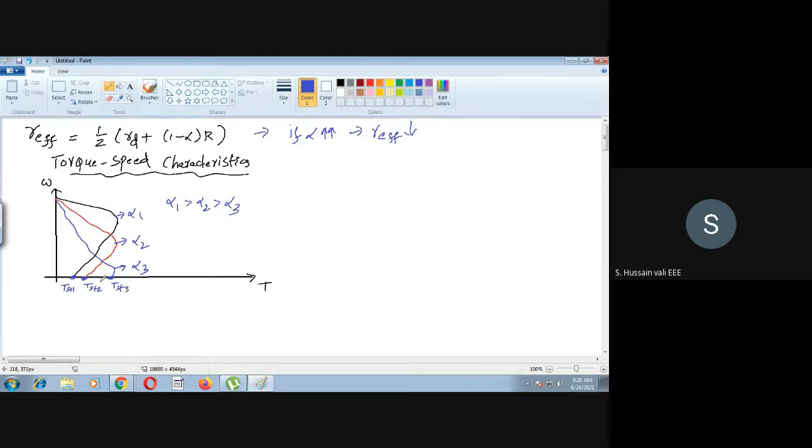These are the points where the speed is 0. It means starting torques. You see, starting torques increase when I increase the value of alpha. I think this is the reverse of that.